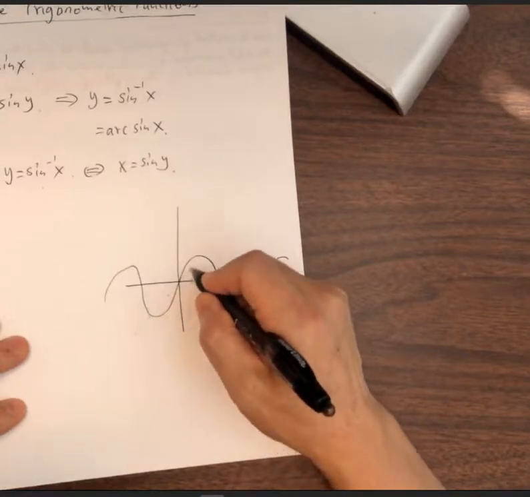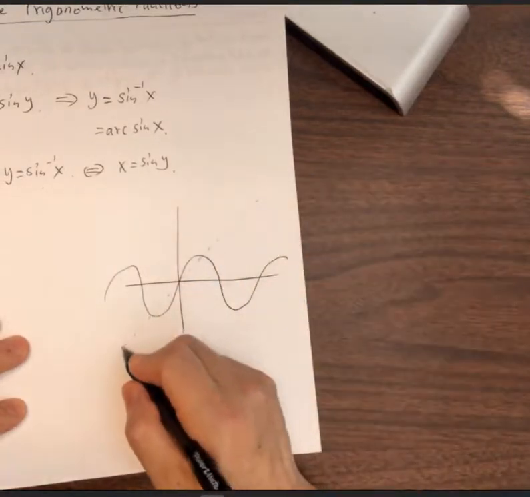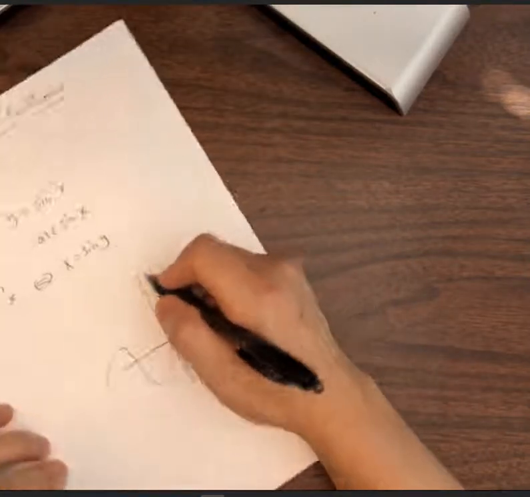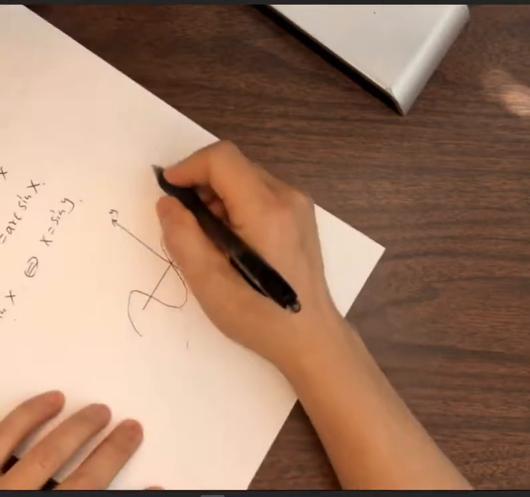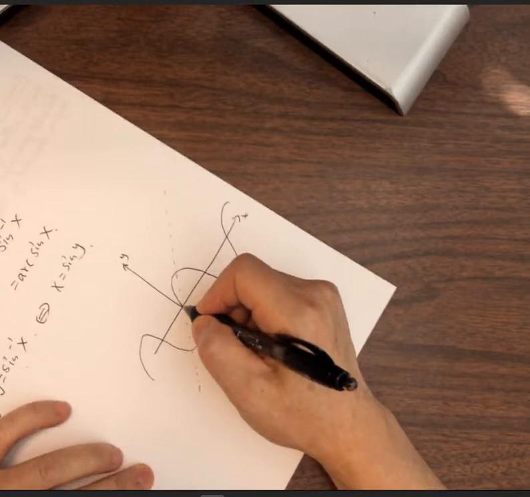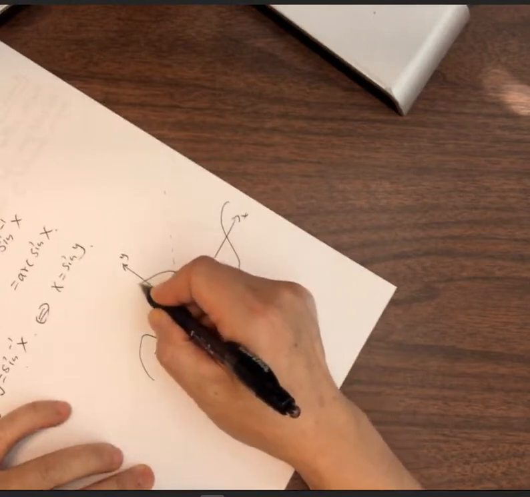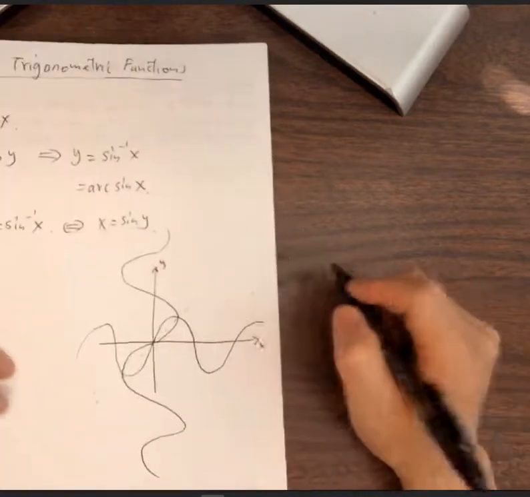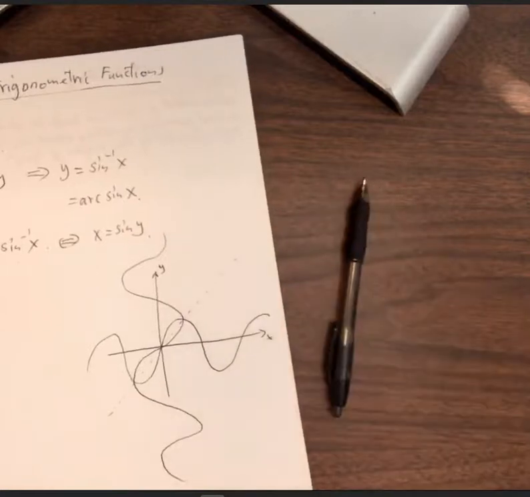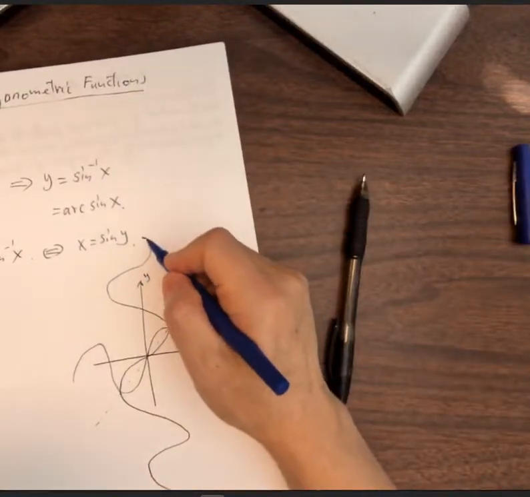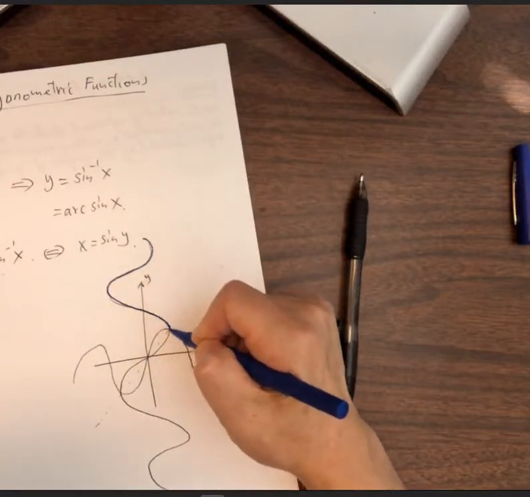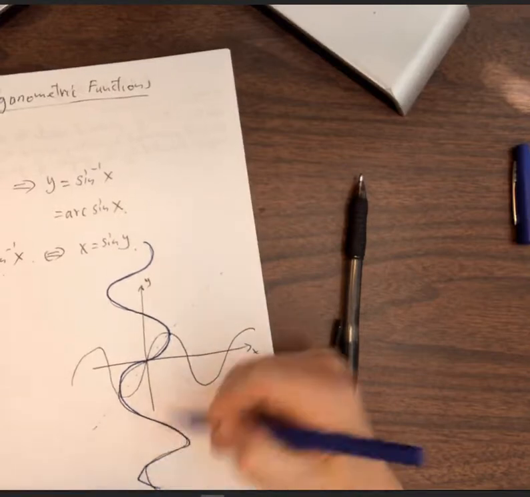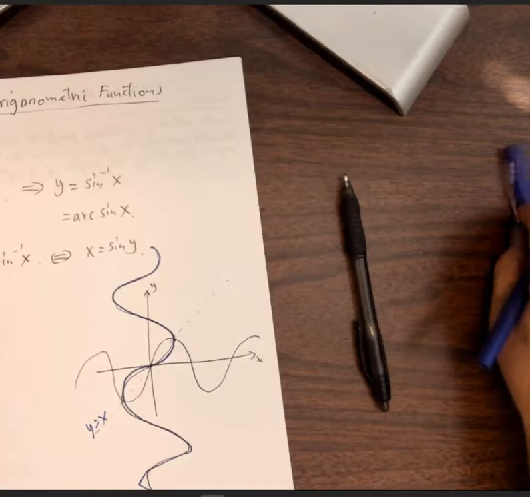In geometry, if we flip this graph about this dotted line, we have, let me highlight it a little bit so you see, a reflection of sine about y equals x, the straight line.